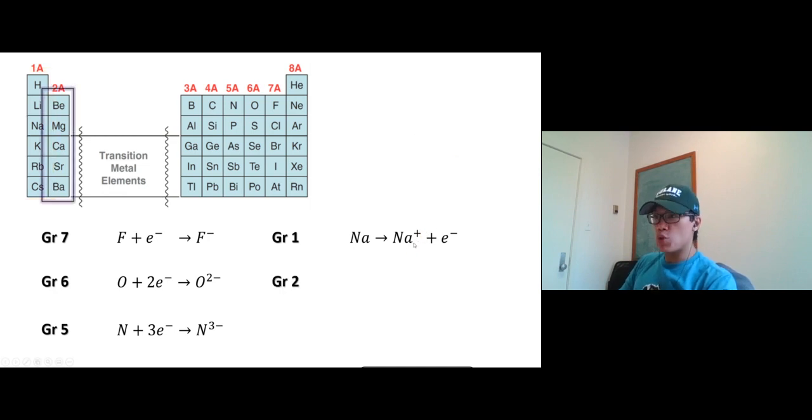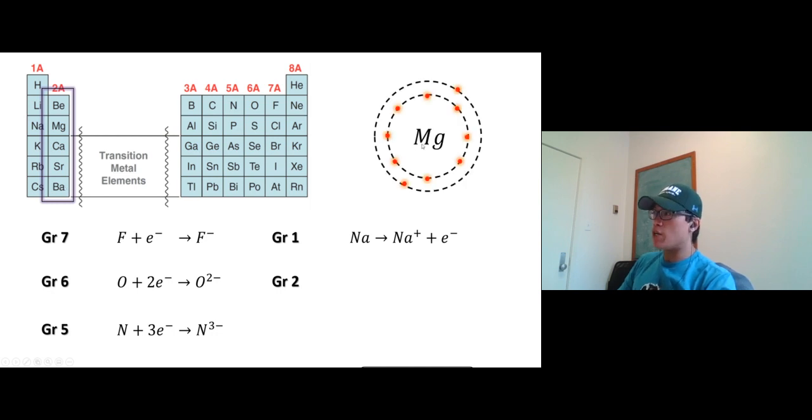In group 2, we have beryllium, magnesium, calcium, strontium, and barium. I'm taking only magnesium here. It has 2 electrons outside. It can either gain 6 electrons to become an octet, or lose 2 electrons, and losing 2 is much easier because there are already 8 electrons inside. So this group tends to lose 2 electrons.